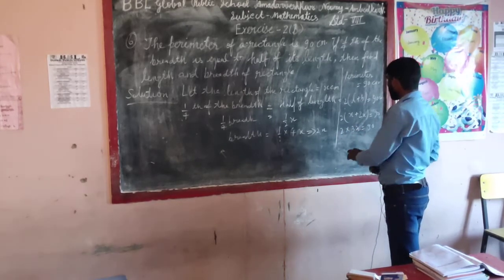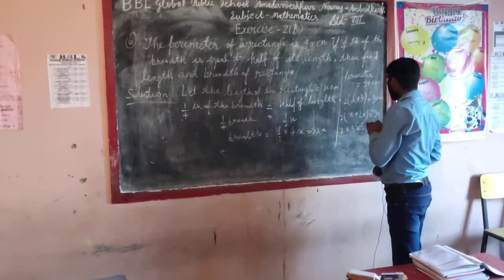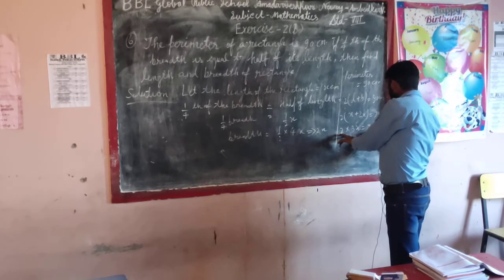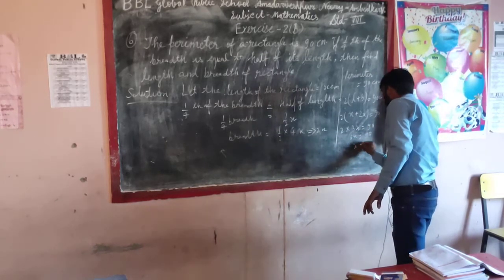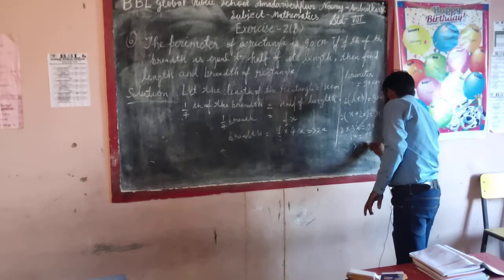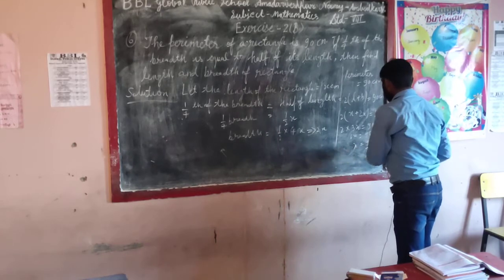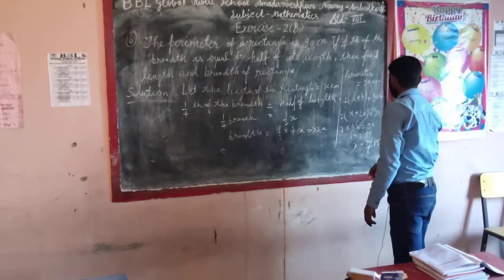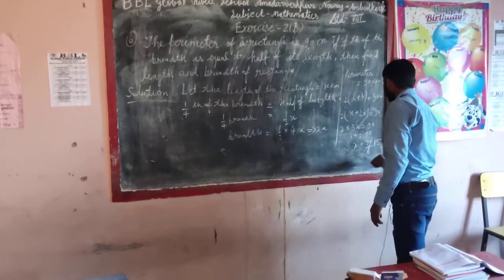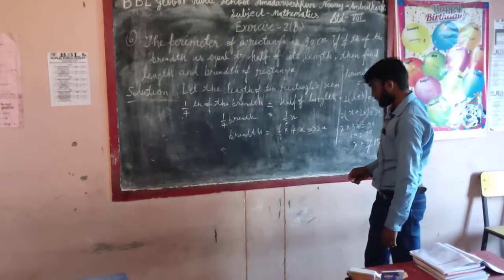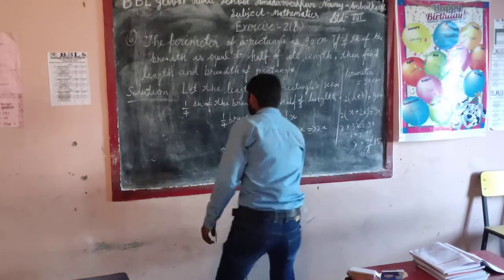Therefore 6x is equal to 90. x will be 90 upon 6. The value of x is 15.